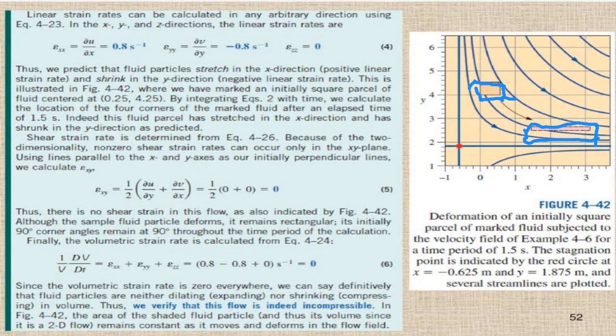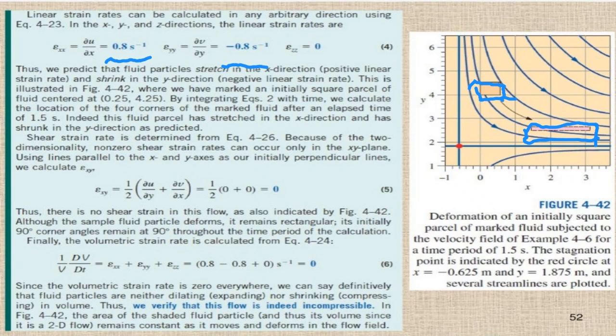But if you check the strain rates, then you will see that epsilon xx, which is defined as du/dx, is 0.8 second to the minus 1, and epsilon yy is minus 0.8 second to the minus 1. It means that it's elongating in the x direction and contracting in the y direction.